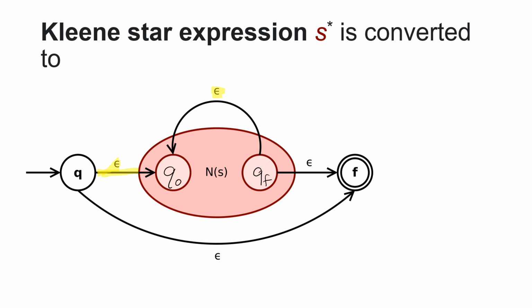If I have 0 repetitions, it'll just go straight to the final state. In the end, the final state inside N of S will also be able to do an epsilon transition to the final state overall of the whole thing.